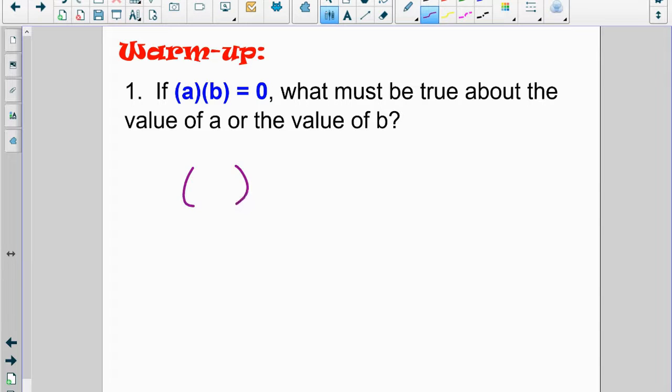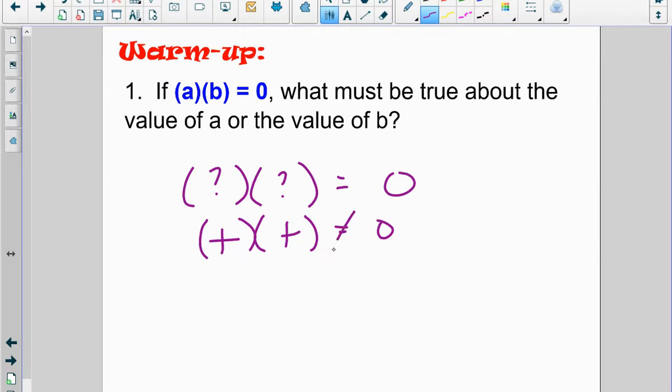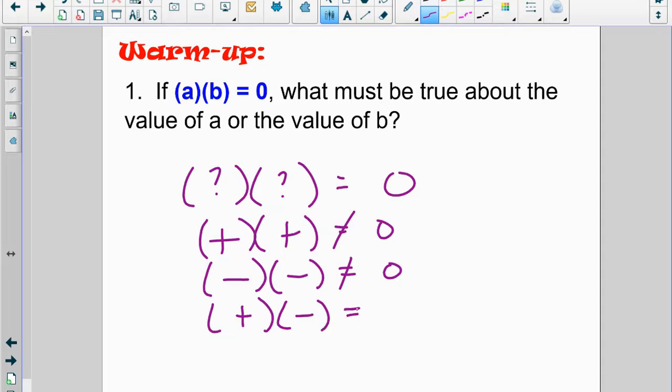Another way to put it is, if you're going to multiply two things together and get 0, how is that possible? Well, I can't multiply a positive number times a positive number and get 0. That doesn't work. I can't multiply a negative number times a negative number and get 0. That also doesn't work.